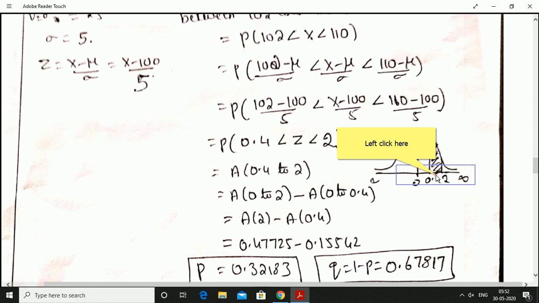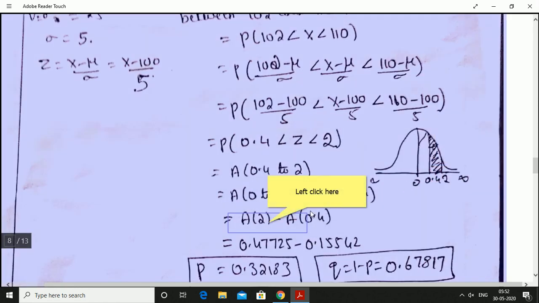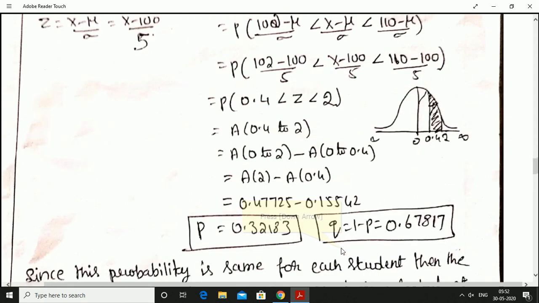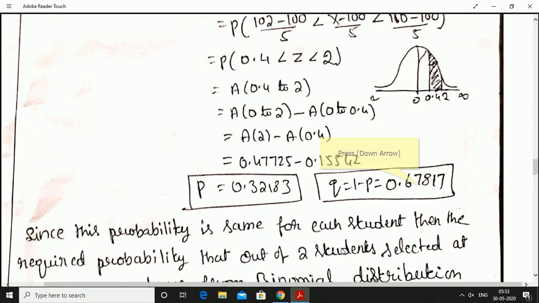Area from 0 to 2 is A of 2 minus area from 0 to 0.4 is A of 0.4. From the table, A of 2 value is 0.4772 and A of 0.4 value is 0.1554. So that P value is equal to 0.32183 and Q is equal to 1 minus P. 1 minus P value, 0.32183, comes out as Q value 0.67817.